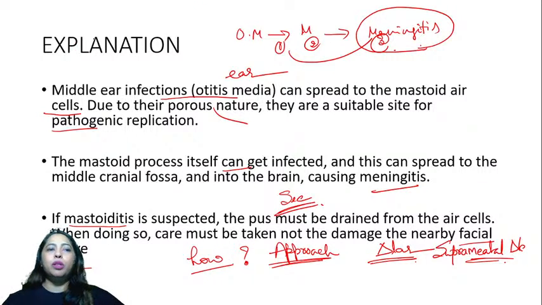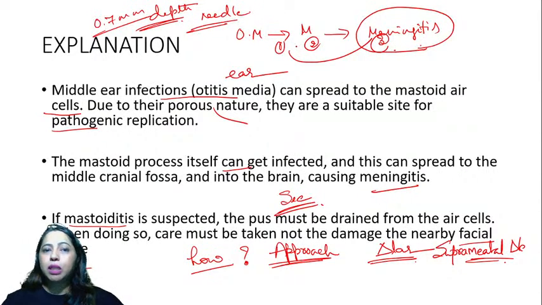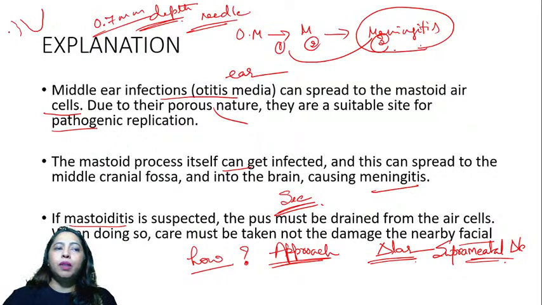Okay, it is about 0.7 millimeters in depth. You can pass the needle and you can aspirate the content from the mastoid process. And care should be taken not to damage the facial nerve. And the suprameatal triangle you can identify like this: if this is your mastoid process, and then this is the plate.